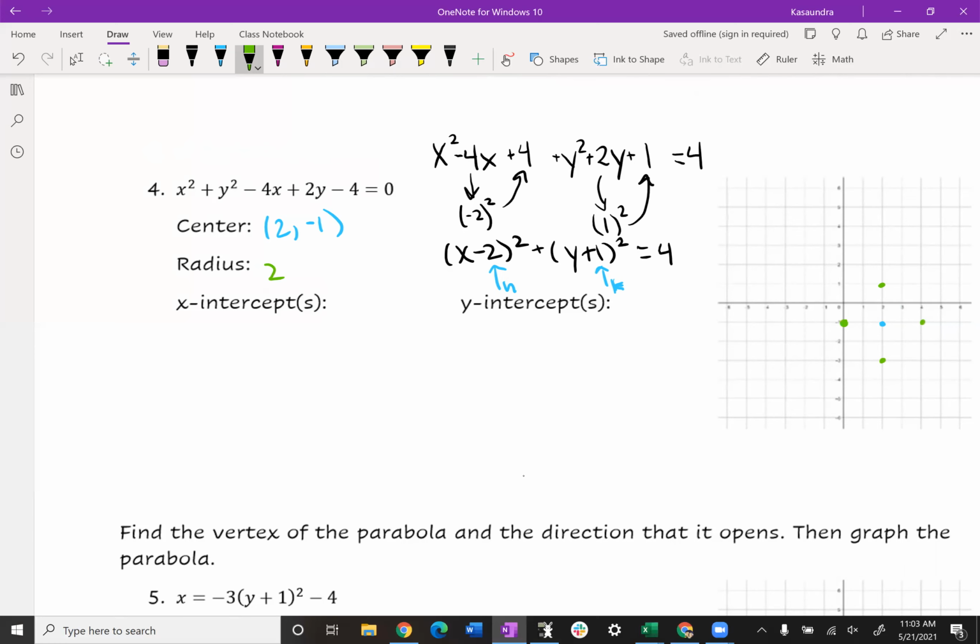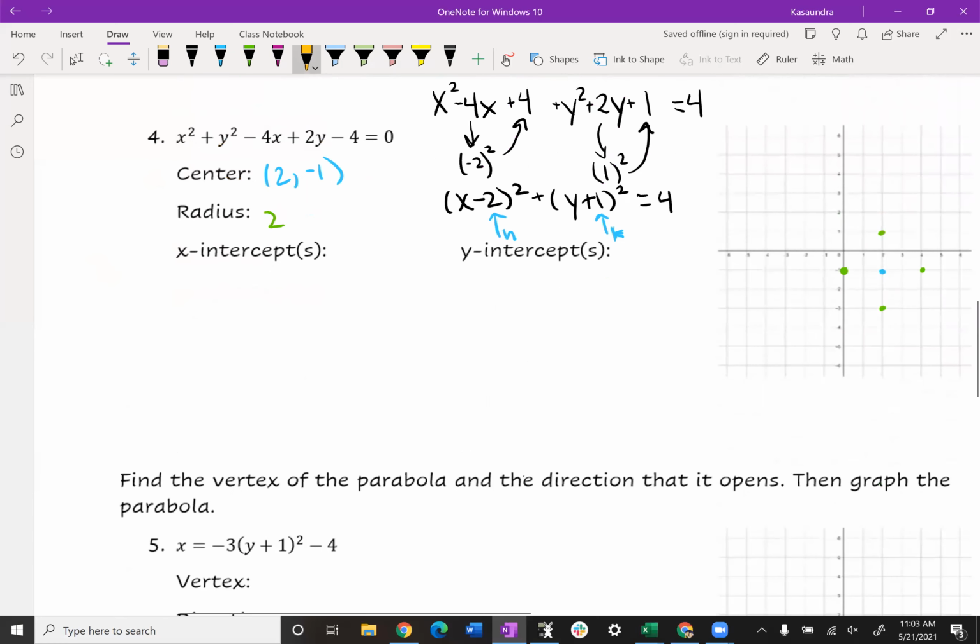Let's next up look at the x and y intercepts. My x-intercepts are when y is 0. So if I make this y right here 0, then I get my x-intercepts. Everything else I'm going to leave the same. So x minus 2 all squared plus 0 plus 1 is 1 squared equals 4. 1 squared is 1. So if I subtract 1 on both sides, I'm going to get down to a 3.